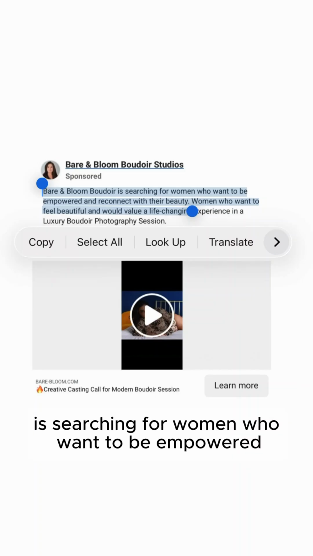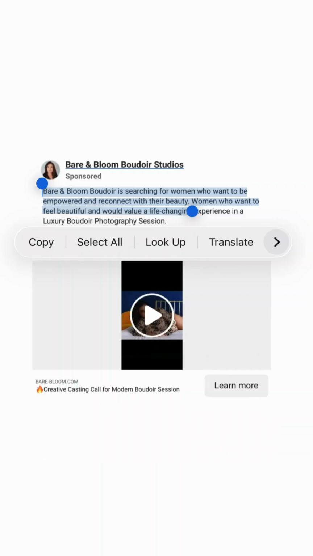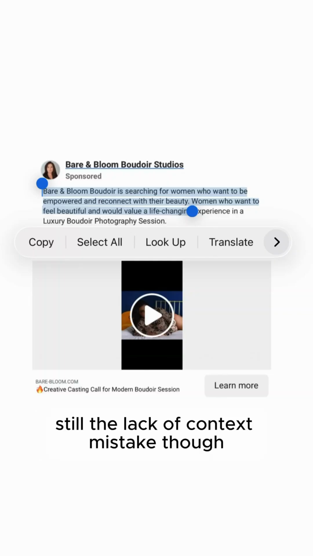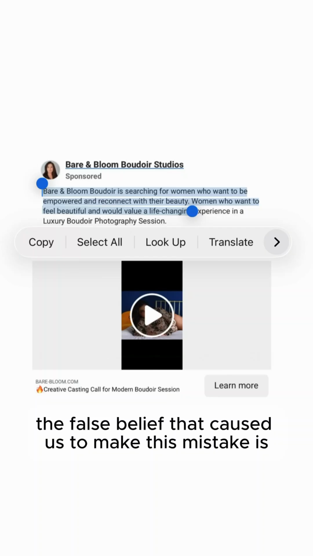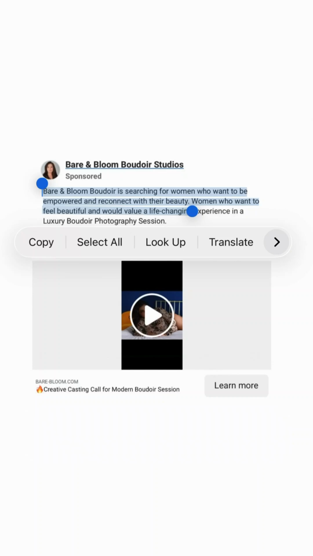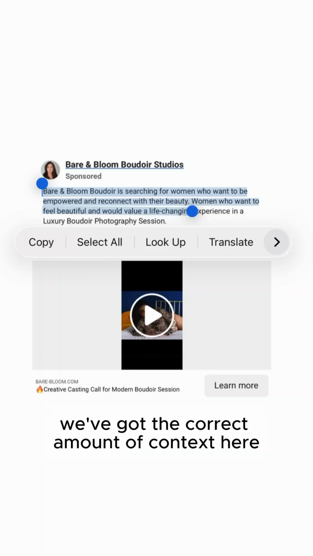So Baron Bloom Boudoir is searching for women who want to be empowered and reconnect with their beauty. Women who want to feel beautiful and value life changing. All right. So yeah, we've got half the necessary context here. Still, the lack of context mistake. The false belief that caused us to make this mistake is that we believe we've got the correct amount of context here.